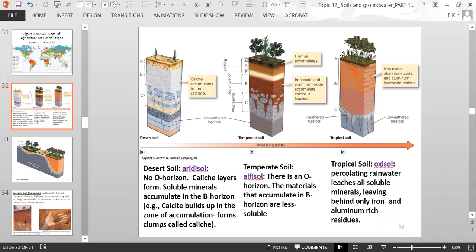And then you have your tropical soils, Oxisols, where percolating rainwater leaches all soluble minerals and leaves behind only iron and aluminum rich residues. So you get these very thick, bright orange iron oxide and aluminum oxide rich soils, and aluminum hydroxide as well.